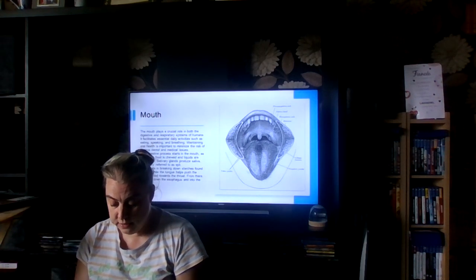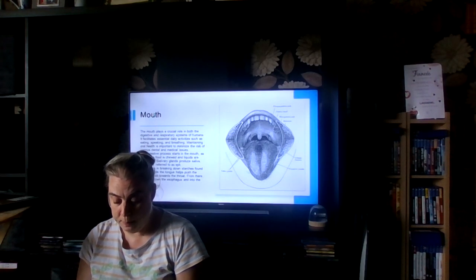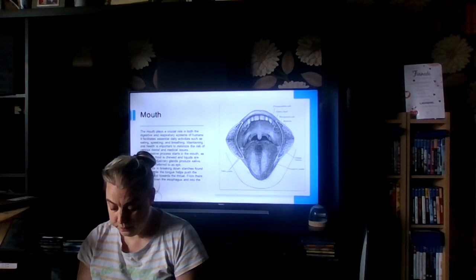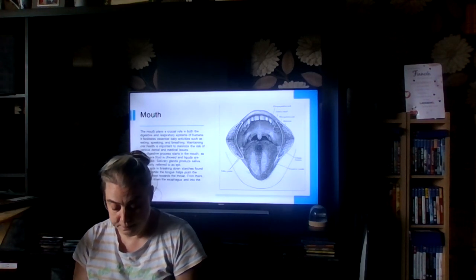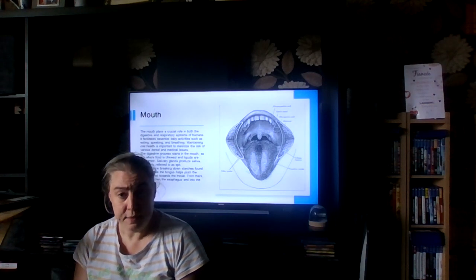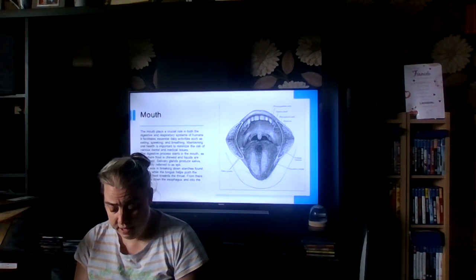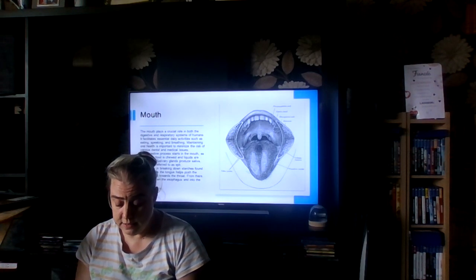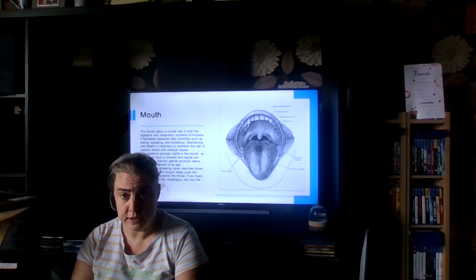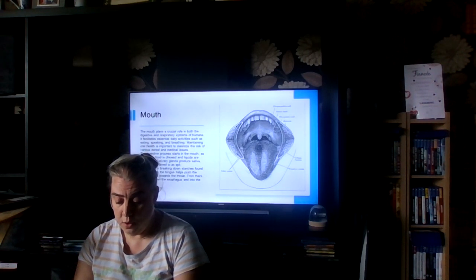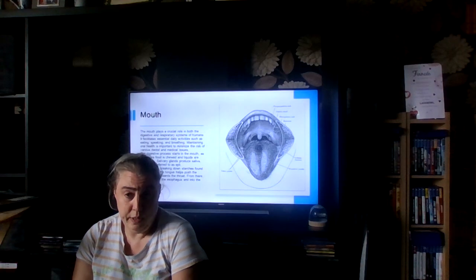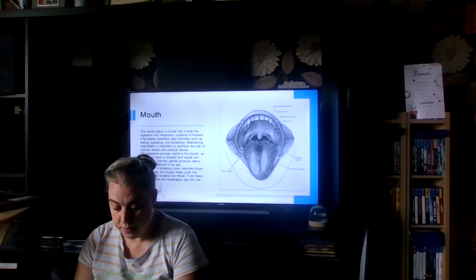This is where the digestive system all begins, as it is where we place our food or drink first. Within the mouth, there are salivary glands, which produce the saliva, which we would refer to as spit.